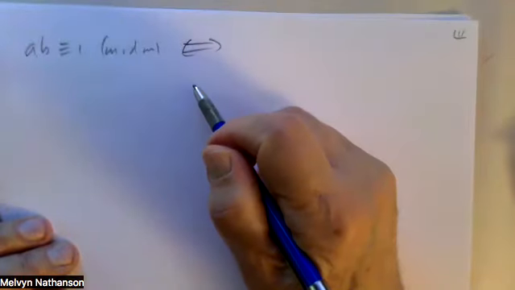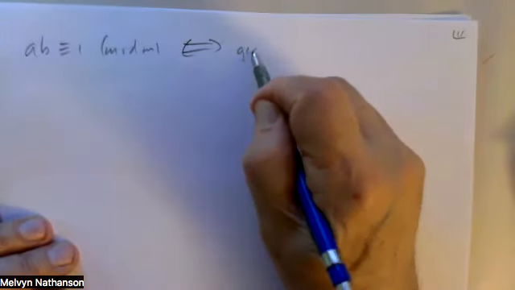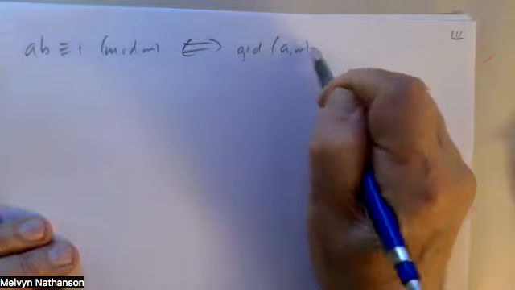And another very important property of congruences is the following. So a is an integer. ab is congruent to 1 mod m if and only if the greatest common divisor of a and m equals 1.